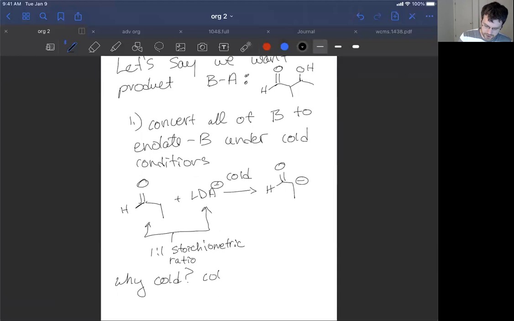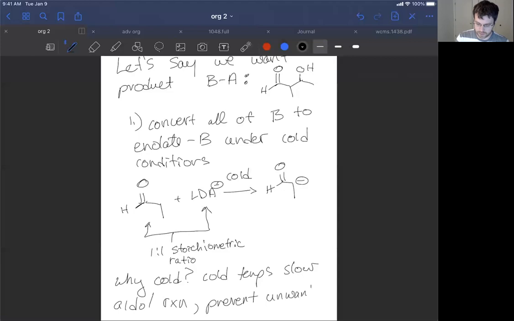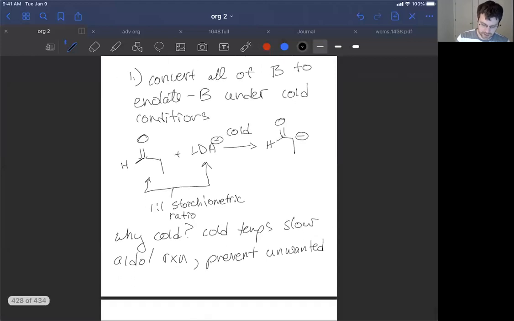Cold temperatures slow the aldol reaction. So if you have cold temperatures, you're going to slow down the aldol reaction, and that will prevent unwanted self-aldol. Remember, we didn't want B reacting with itself.